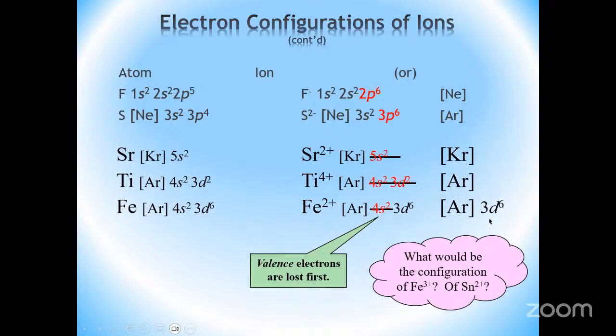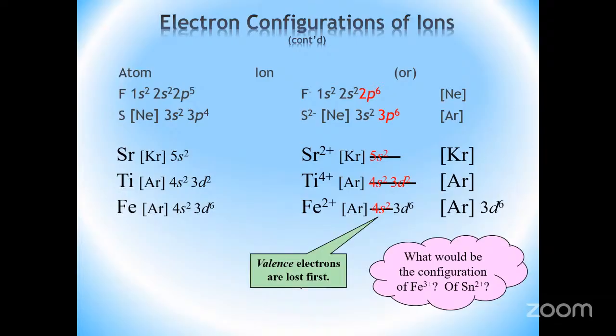So this would be the electron configuration of iron 2+, all right? Now, this cloud here is asking the question, what would be the electron configuration of Fe3+? Well, that's easy. To get the electron configuration of Fe3+, you're going to remove an electron from here, right? So in the case of Fe3+, the electron configuration is [Ar] 3d5.